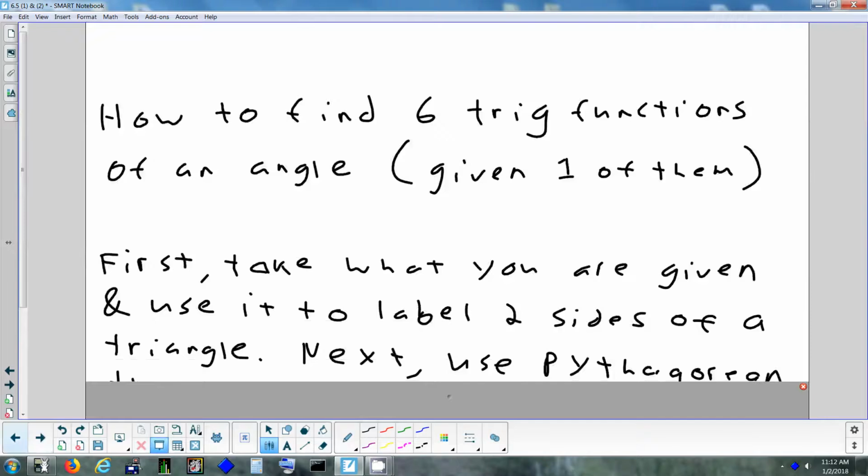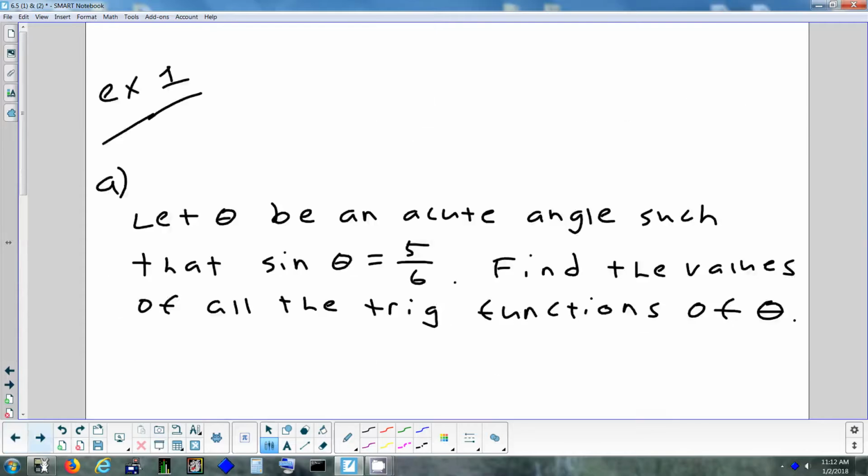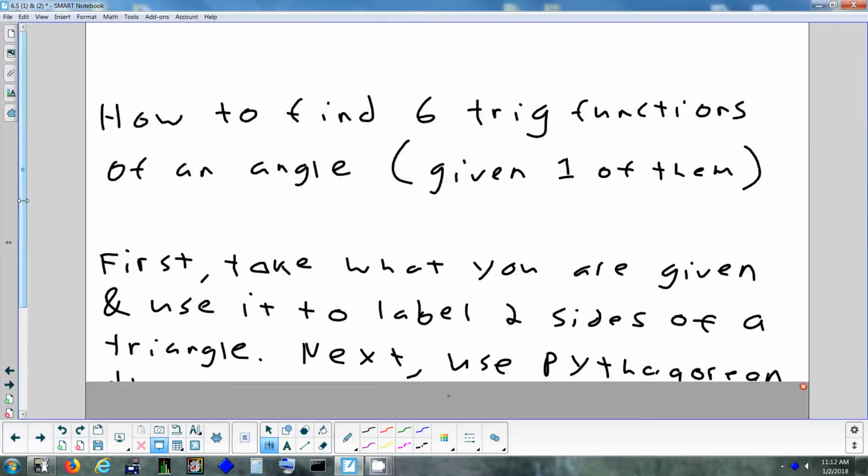Well, first of all, if they're giving you sine or cosine or whatever, they're giving you 2 of the sides. As long as you know the definition, that's one side, that's another side. So we're going to take the information they're giving us and use it to label two sides of a triangle.